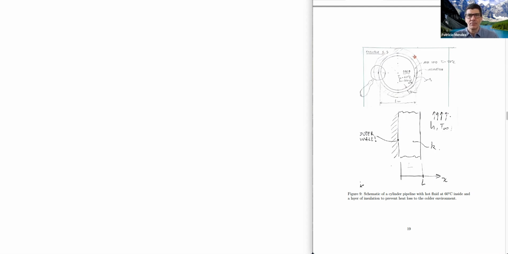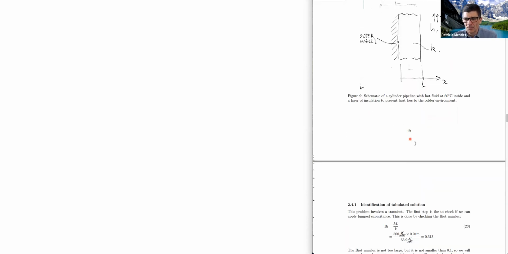Of course not, because the pipe is containing a fluid, and the insulation is protecting against heat transfer. If we were to insulate the pipe inside, we would need another pipe to protect the insulation from the fluid leaking into it. So here we have the pipe, outside we have the insulation, and inside we have the hot flow of oil.